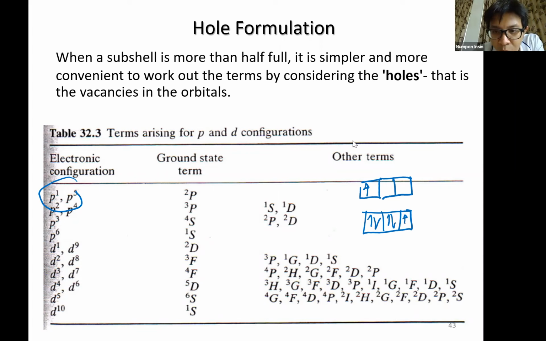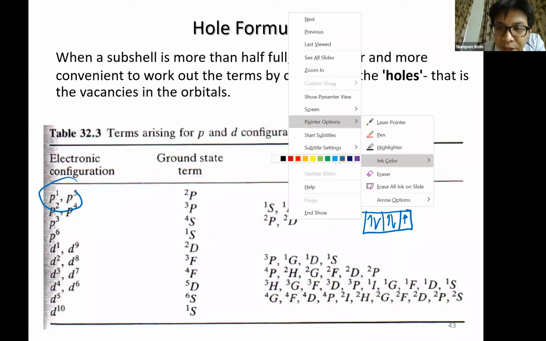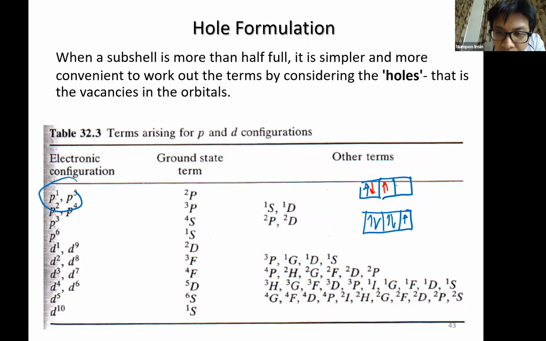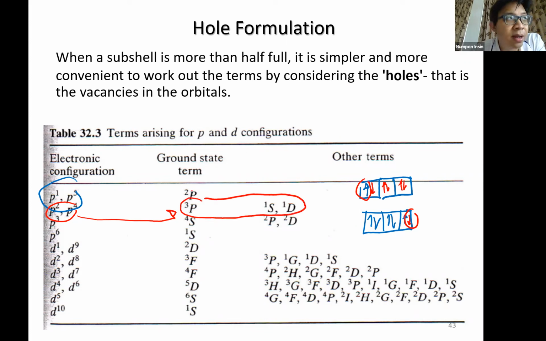And if you draw the hole as the complement to the electron, the hole looks like this. The red is the hole. So either you have 1 electron or 1 hole, the answer is the same. Okay, the same term symbol that you're going to resolve. P2 and P4 are going to give you the same answer, as we saw in the example. So L and S are the same, but the J is going to be opposite. We're going to talk about it later.